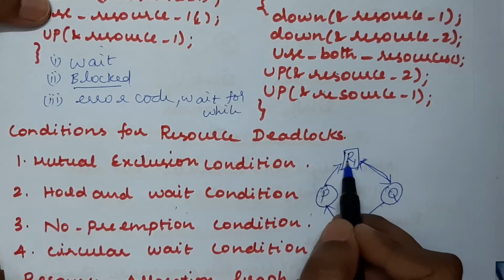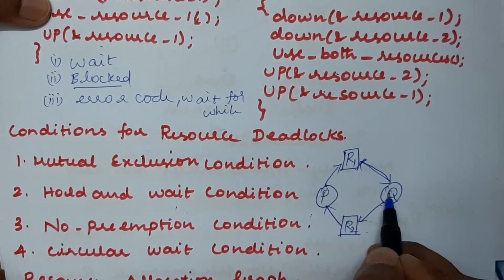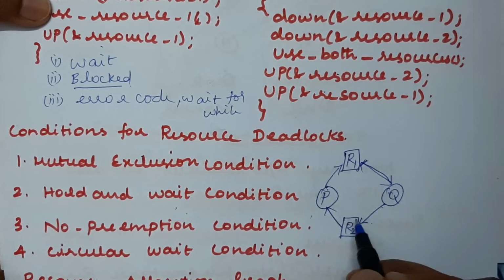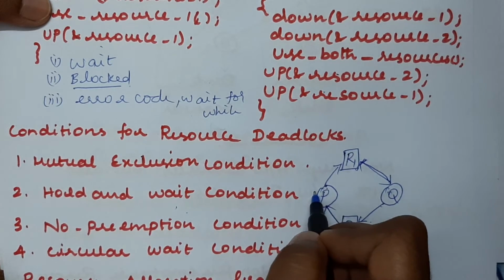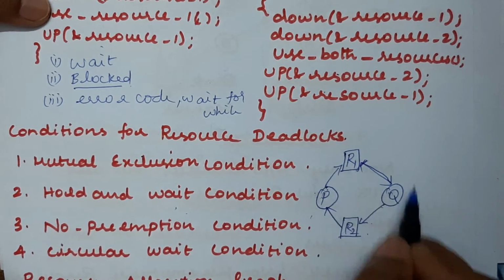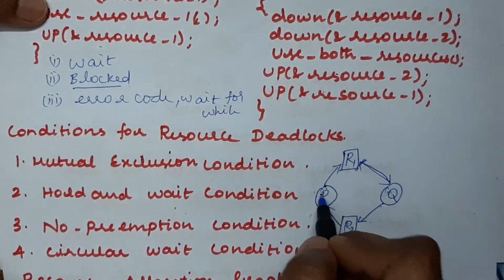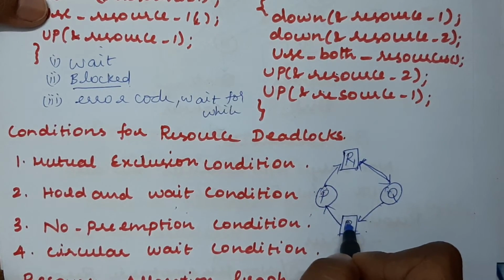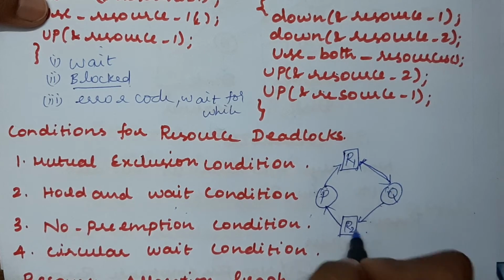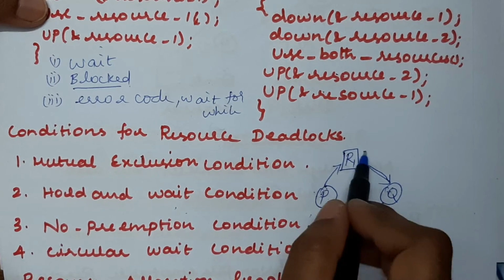Process P is requesting a resource already allocated to process Q, and process Q is requesting the resource R2, which is already allocated to process P, which forms a deadlock. P will not get R1 until Q releases it, and Q will not get R2 until P releases it.